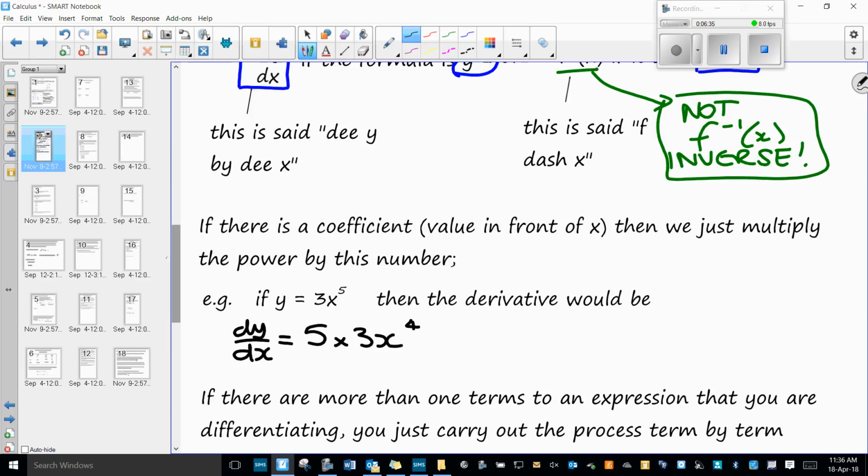Now obviously we wouldn't leave it like that. What would we then write? 15x to the power 4. Now you would probably start to go straight to this option here. You don't have to write 5 times 3x to the power 4. You're going to get so proficient at it that you'll just be writing 15. But just be aware, this is your notes, it's your first example like this, so I'm just writing it like this for this one.